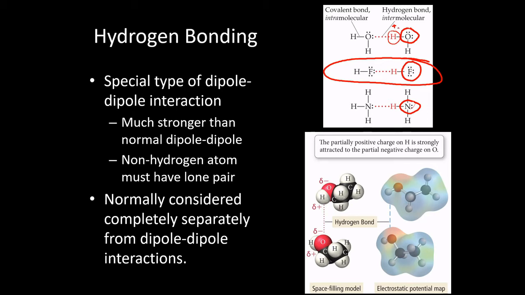Again, it is just a partial charge, not a whole charge, but a particularly strong one. The hydrogen will then be attracted to the oxygen on a different molecule that has its own partial negative charge. This positive to negative interaction, these opposites attracting, is decently strong. Not as strong as an actual chemical bond, but in terms of intermolecular forces, it is quite strong.